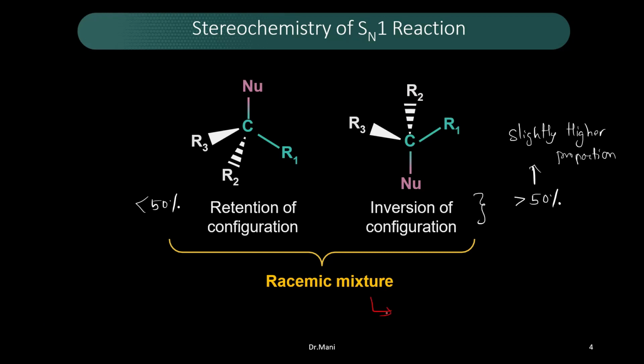So what is the meaning of partial racemization? There is a slightly higher proportion for the inverted product, and that's due to the resistance of the leaving group against the incoming nucleophile. So remember that. Okay, this is called partial racemization.